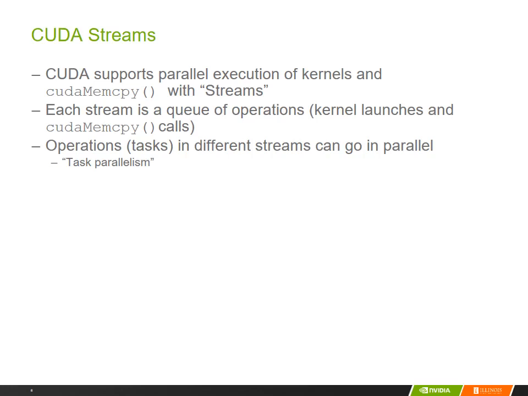So we can imagine that we can send commands such as kernel launch or cudaMemcpy into one of the many queues. And these operations, commands or tasks that belong to different streams can go in parallel. This is commonly referred to as task parallelism in programming languages.